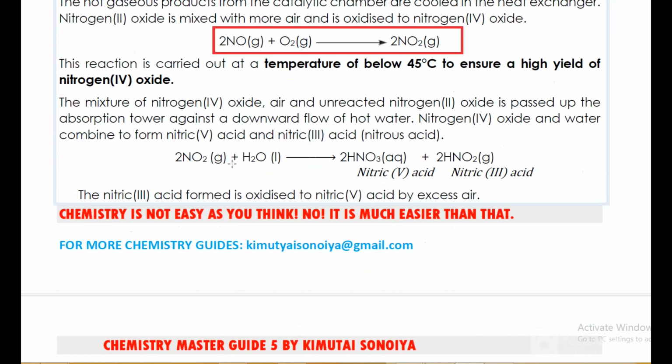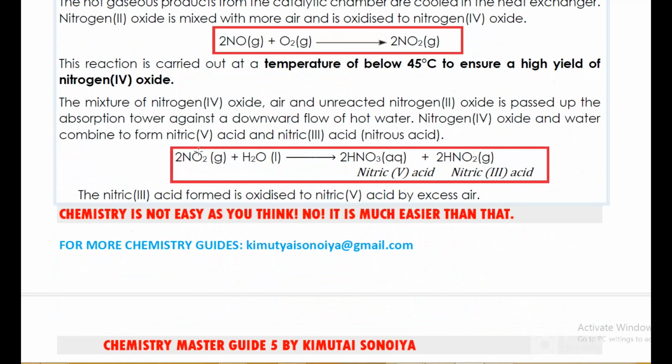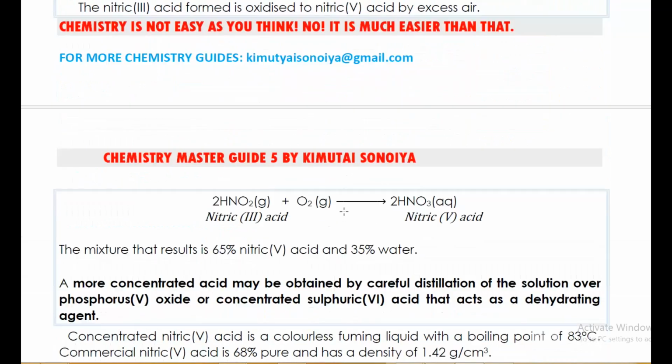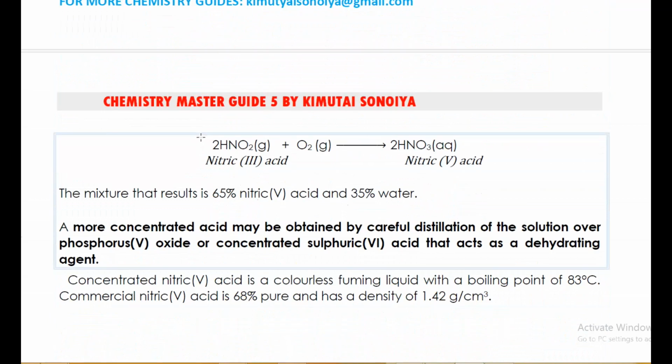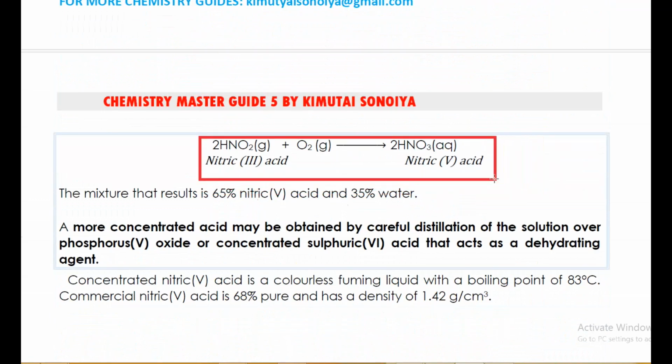So in the absorption chamber, this is the reaction that takes place: nitrogen 4 plus water forming nitric 5 acid and nitric 3 acid. Now the nitric 3 acid is oxidized by oxygen to form nitric 5 acid. And this is the oxidation part of it.